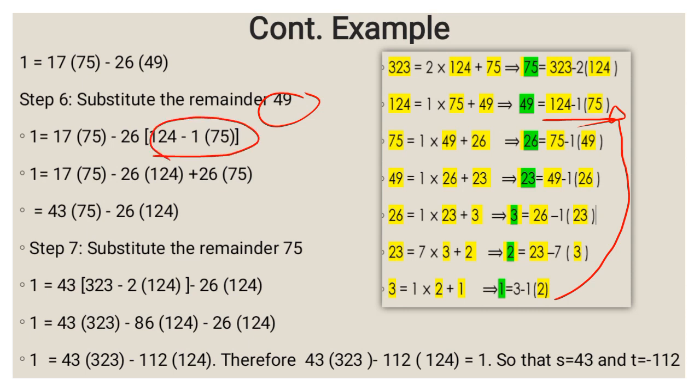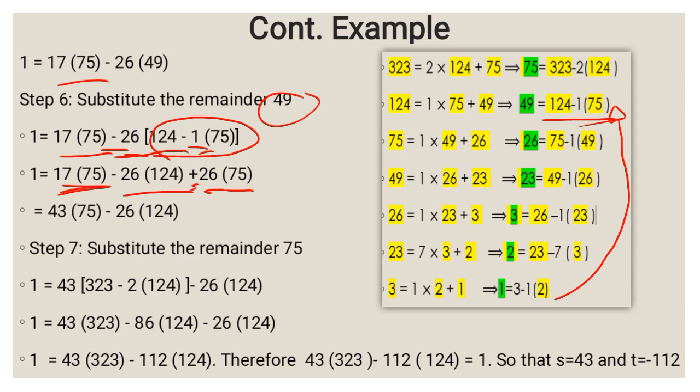You can check and confirm. And so 17 times 75 follows obediently, still follows. Minus 26 goes in, and it will be minus 26 times 124. Minus times minus is plus. 26 times 1 is 26, and then we have 75. Again, just like we did before, we find out those that are common.